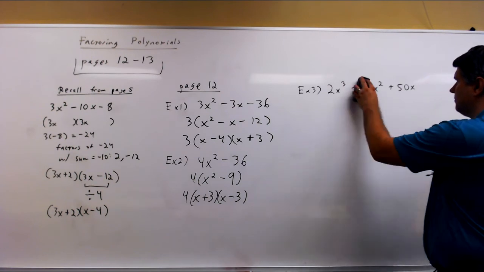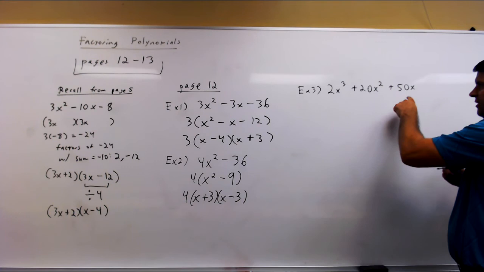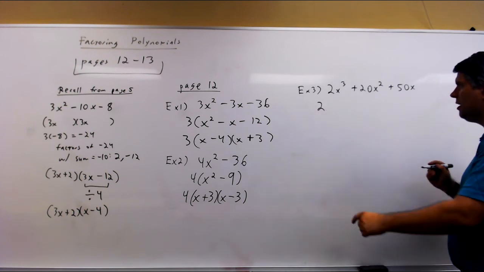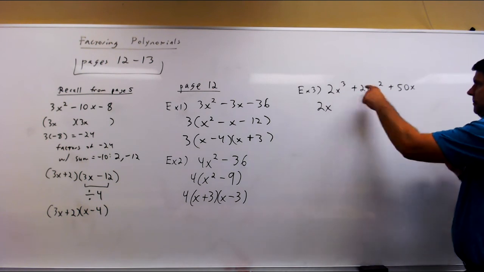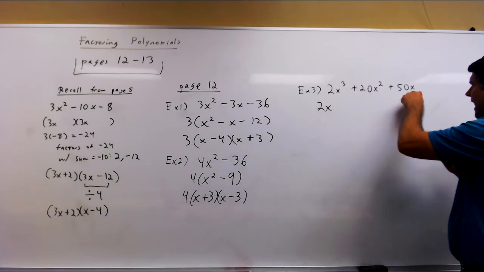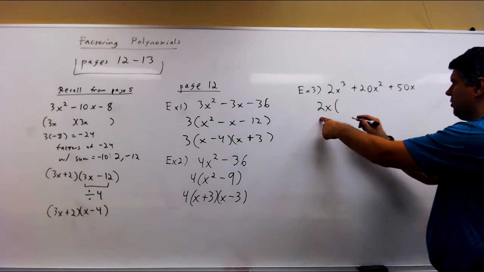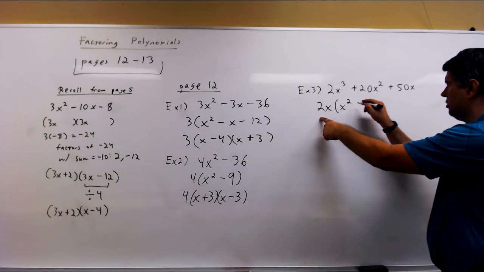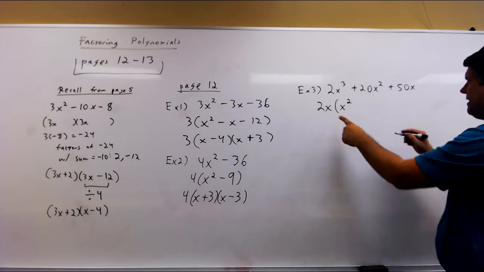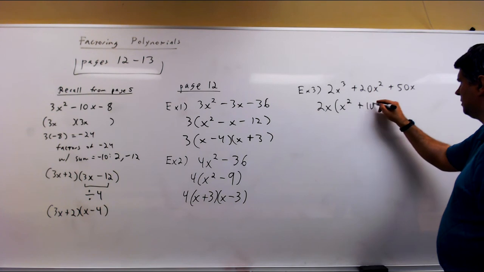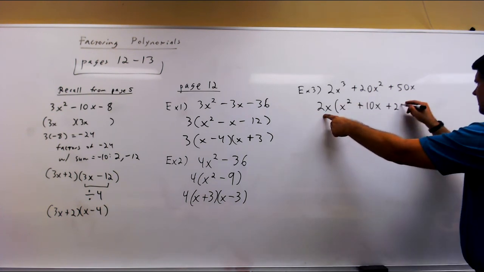Well, they're all even, so I'll take out a 2. They all have x's in them, and the lowest appearing power of x was x to the first. So 2x cubed divided by 2x is x squared. 20x squared divided by 2x will be 10x. And 50 divided by 2 is 25, and the x's cancel.